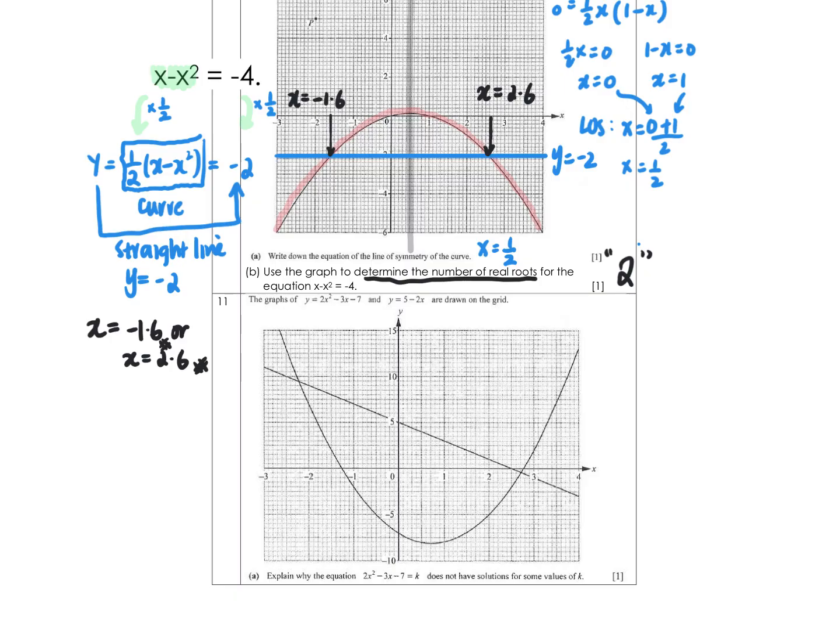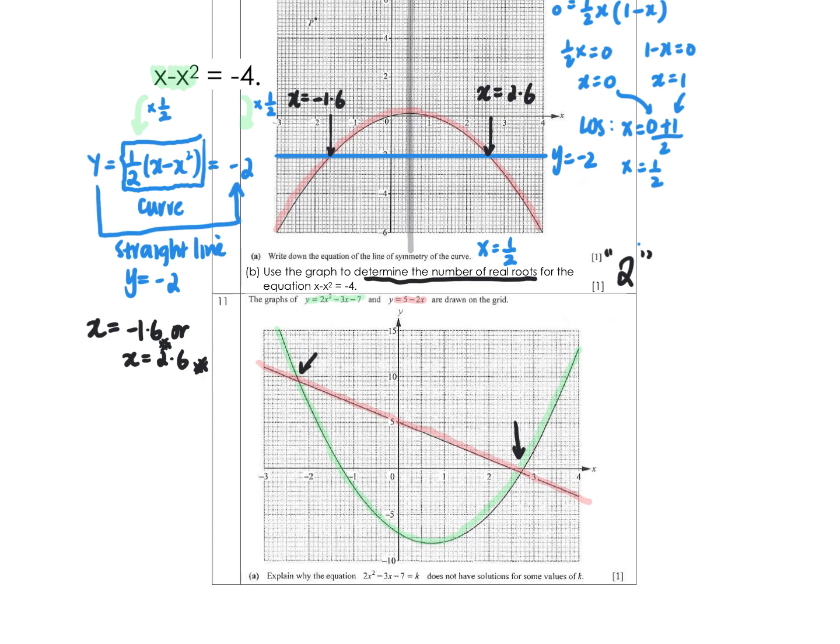Okay, next one. I have a curve. This is the curve, the green one. This is the line, the red one. And then they say, oh, this one not very relevant. Okay, never mind. If I ask you for the 2 solutions, you just have to go and read for me.